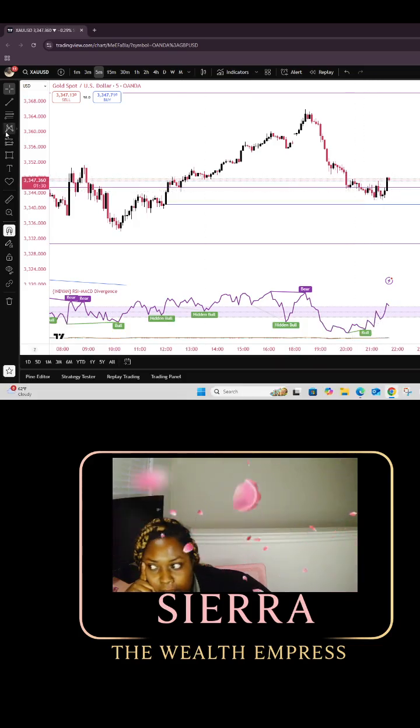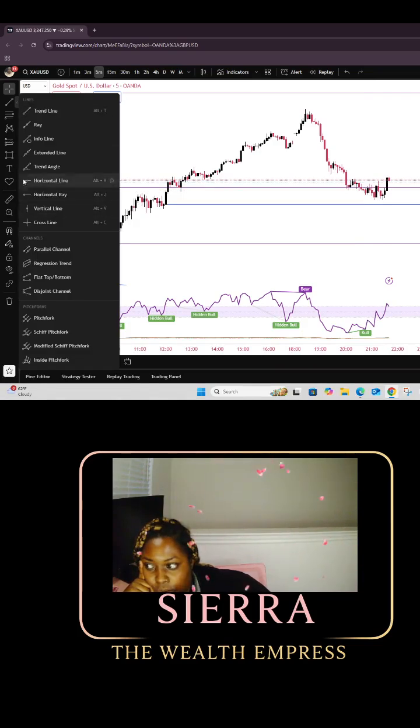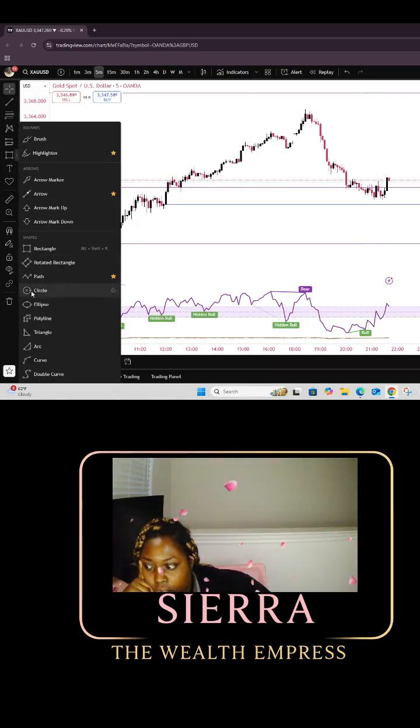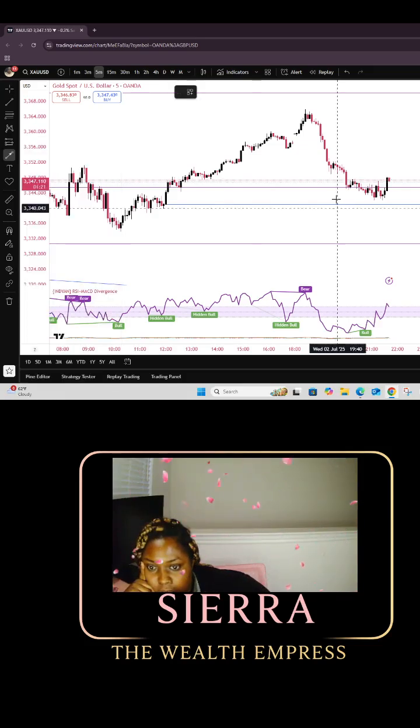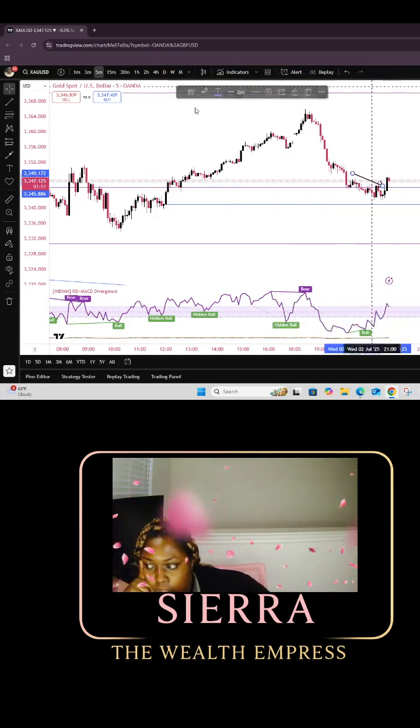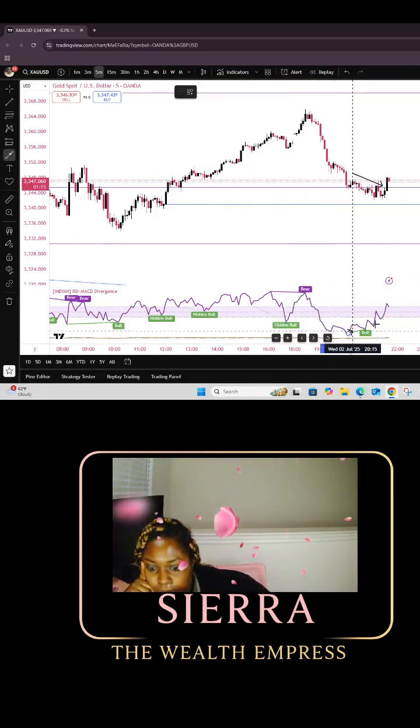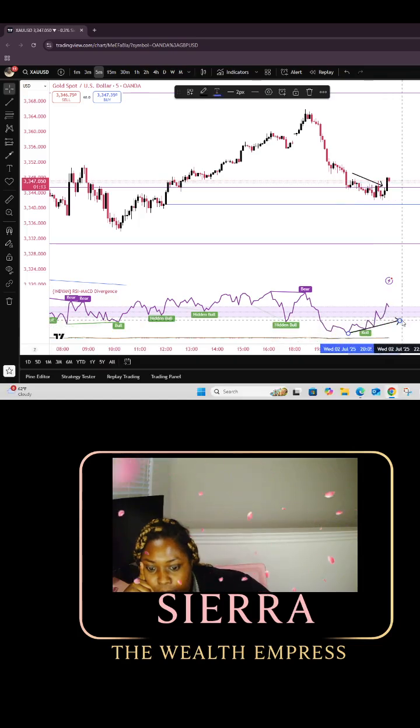And price is not making higher highs and higher lows right here. It's doing the complete opposite. So that is called divergence, okay? So price is selling here, but down here it's buying. So that's letting me know that price is getting ready to reverse, okay?